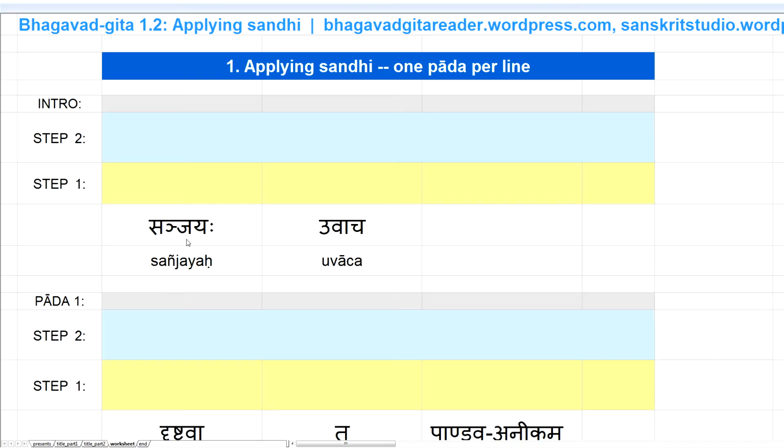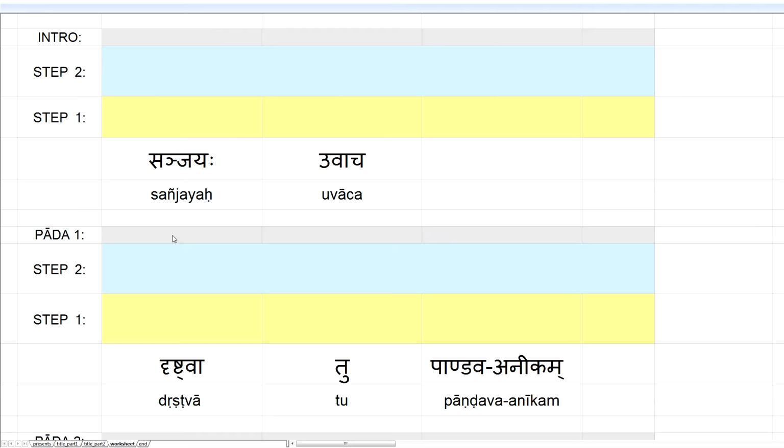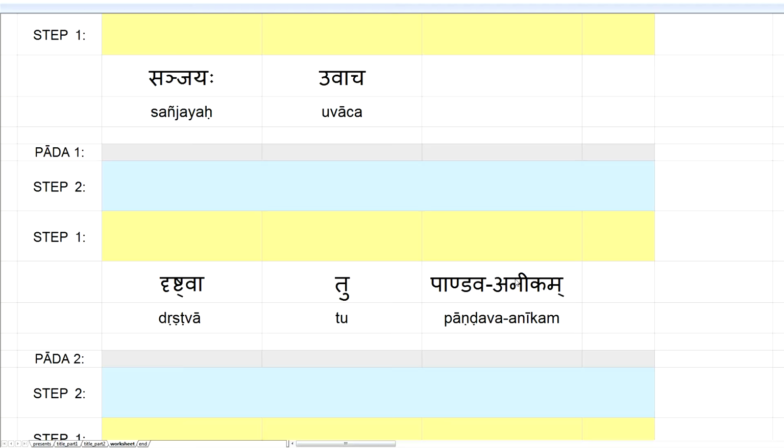There are no compounds in the intro, and in pada 1 there is one compound, because we have the hyphen here. So we need to fix the hyphen, so to speak.